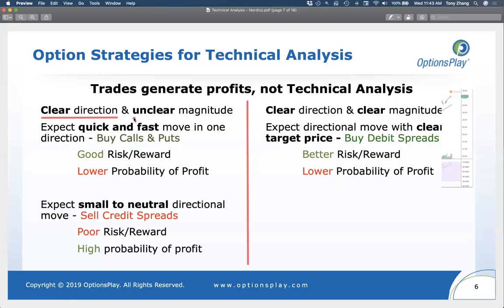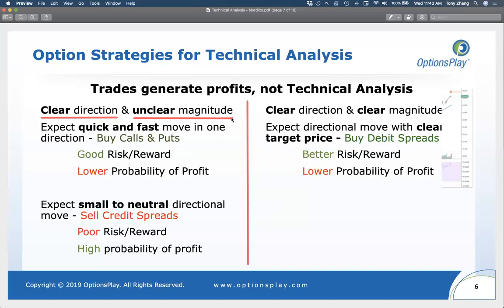But there are many forms of technical analysis where you have a good sense of the direction the stock's going to go, but you don't have a very good sense for how far that move is going to be. I'm going to go through different forms of technical analysis to show when you might find yourself in this position, but there are plenty of cases where you're going to say, I'm pretty clear as to the direction, but I'm not clear as to how far the stock can go.